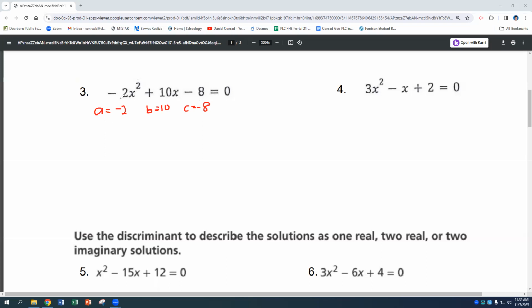All right, so opposite of B, that's going to be -10 plus or minus the square root of B squared, which is 10 squared, minus 4 times -2 times -8, all over 2A, so 2 times -2.